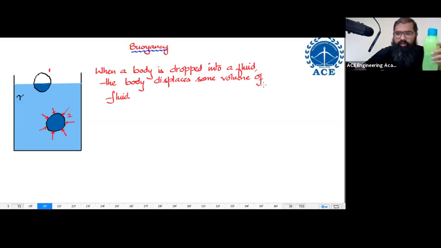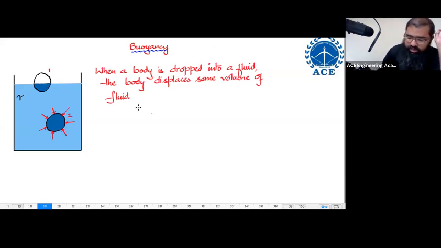There will be horizontal thrust from both directions, but they are going to be equal in magnitude and opposite in direction.